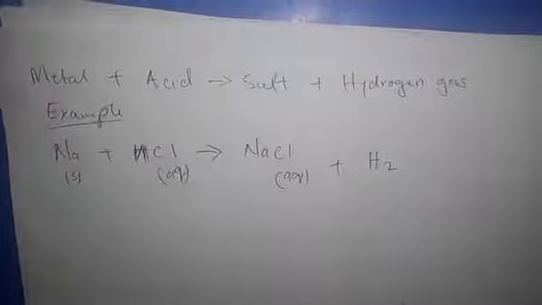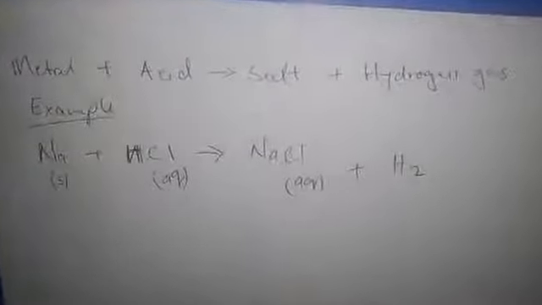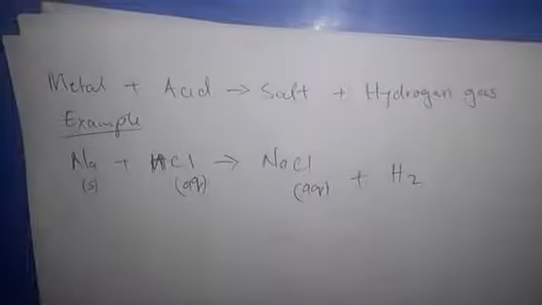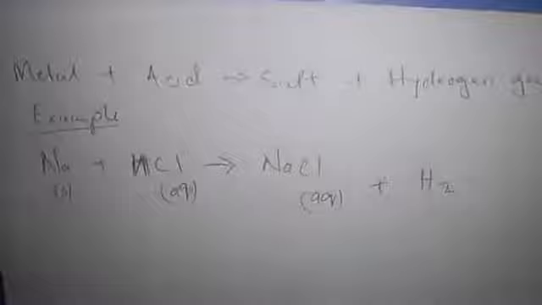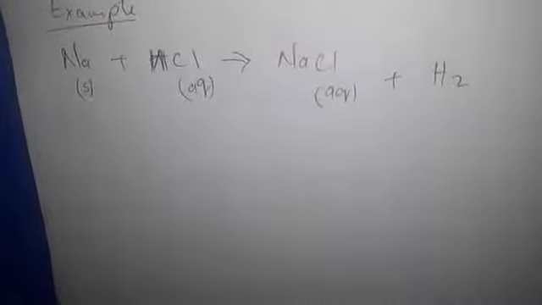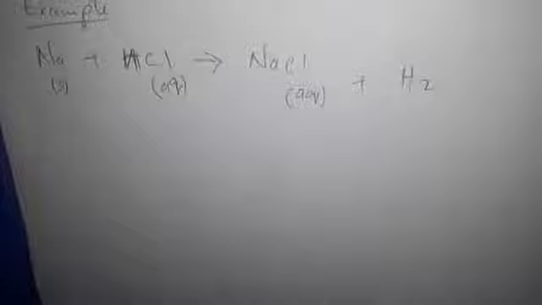Now how do we go about balancing? I will tell you something. If you form anything else apart from the elements that you used in the reaction, the equation will never balance.